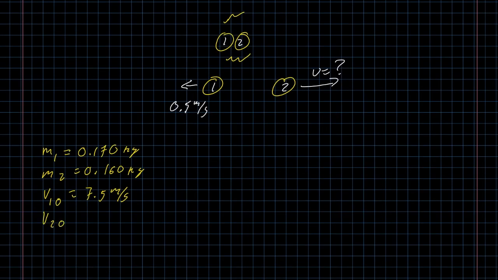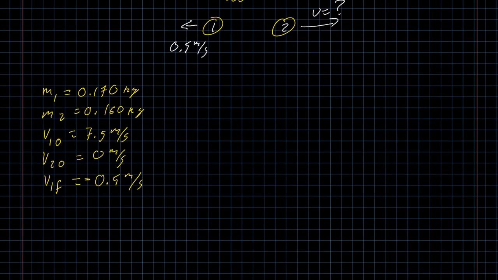V20, the velocity of ball 2 initially, was 0 meters per second. V1F, the velocity of ball 1 after the collision, is 0.5 meters per second, but it's going the other direction. So we'll go ahead and make that negative. And then V2F is our unknown.